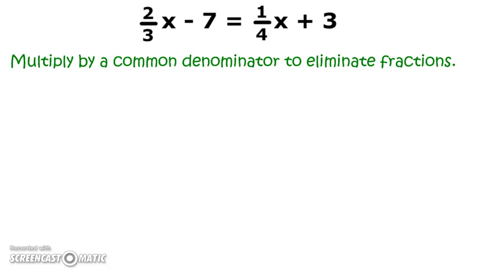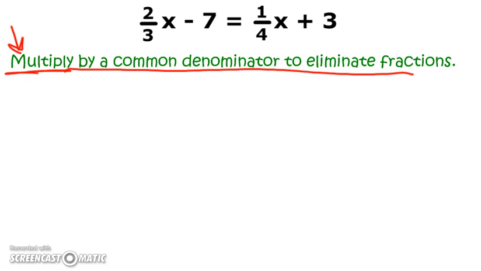So let's get started. In order to do this, you need to go ahead and skip the first slide or the second slide and go to the slide where you see multiply by a common denominator. That tells you how to do it.